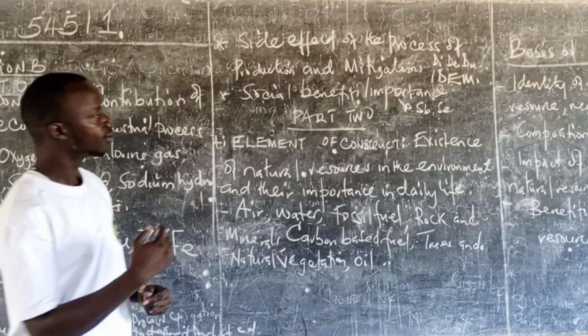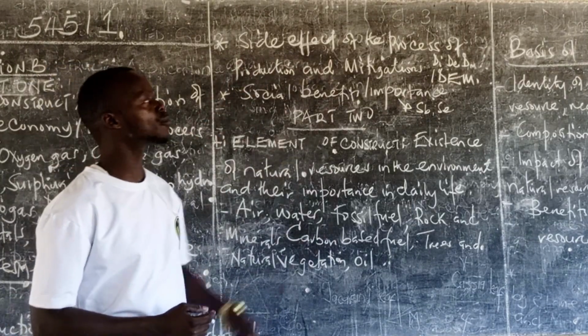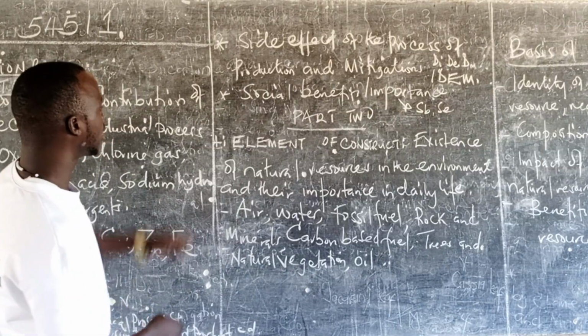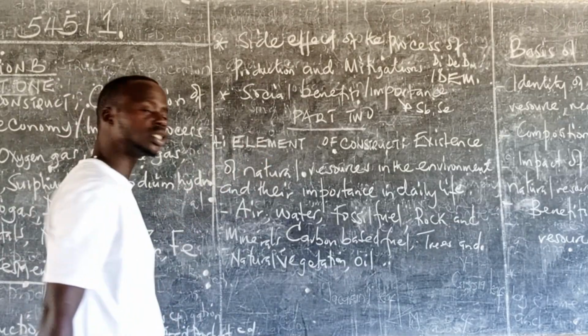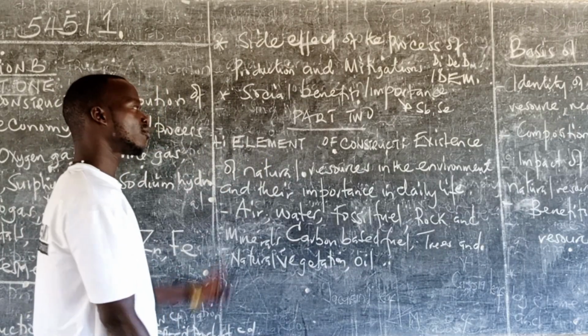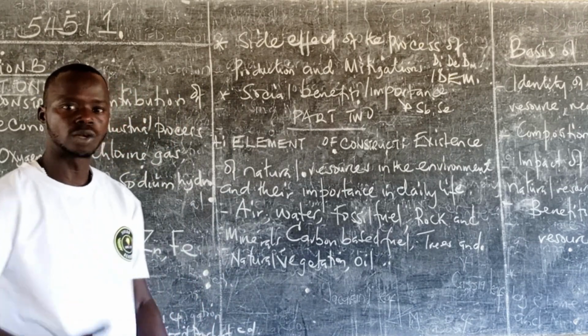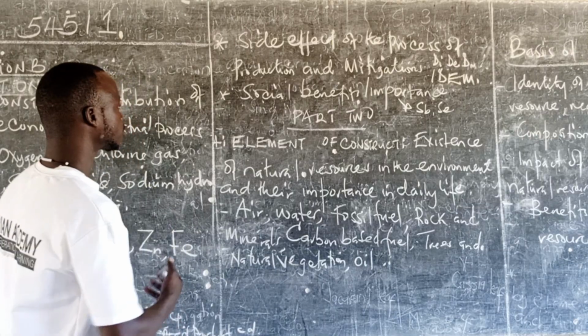Then the next part will be the side effects of the process of production and the mitigation. Then finally, the learner is supposed to talk about the social benefits or the importance of the process of production or the abundance of these products to the community. That will be section B, part 1, item 3, and item 4.